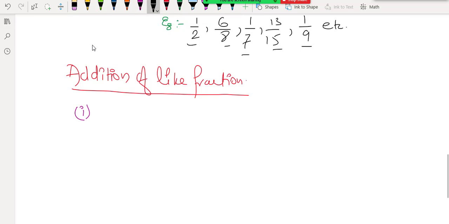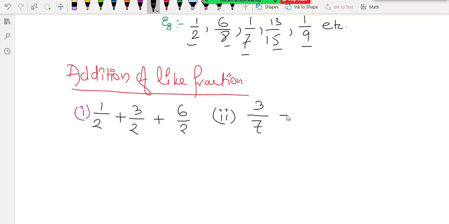Okay, addition of like fractions. First question is 1 by 2 plus 3 by 2. Yes, you have to write it in your copy. I will give you 5 questions and you have to give me the answers. One by one.